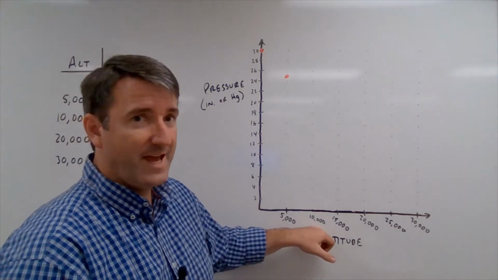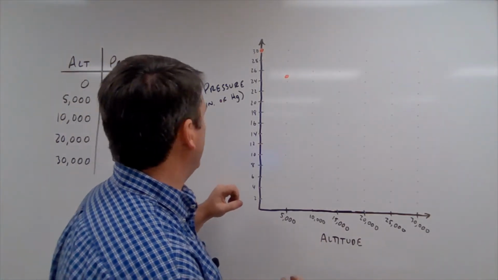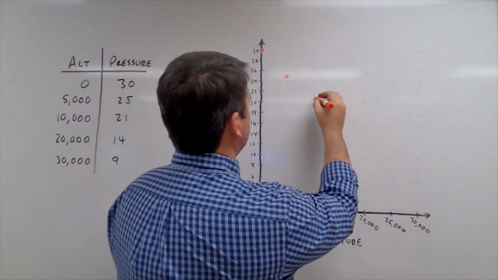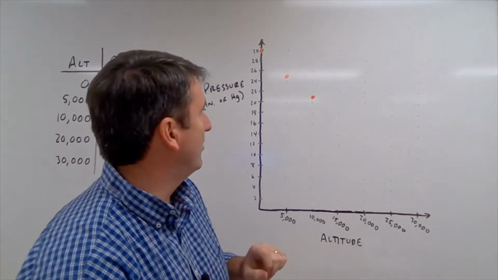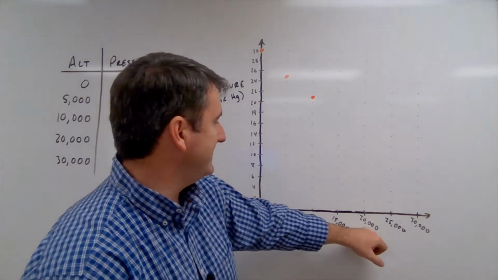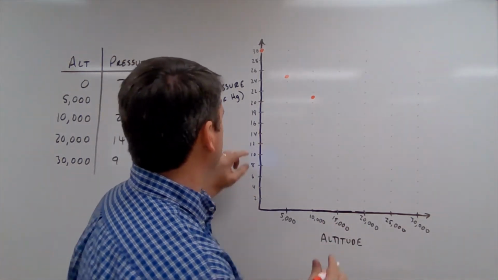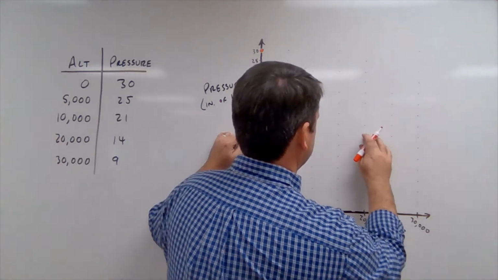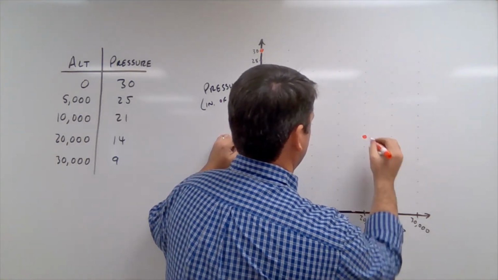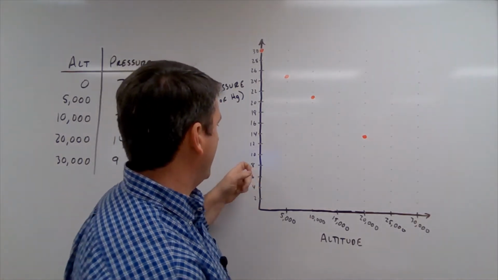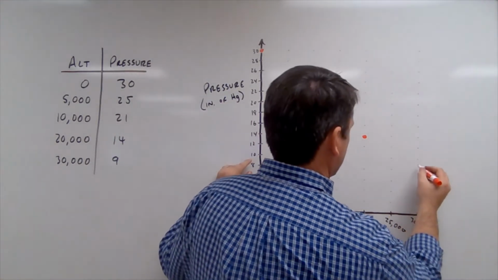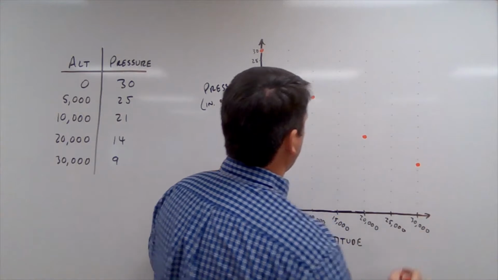At an altitude of 10,000, the atmospheric pressure was 21 inches. So we'll plot a point there. At 20,000, the atmospheric pressure was at 14 inches. So that's right there. And at 30,000, the atmospheric pressure was 9 inches. So that's going to be right about there.